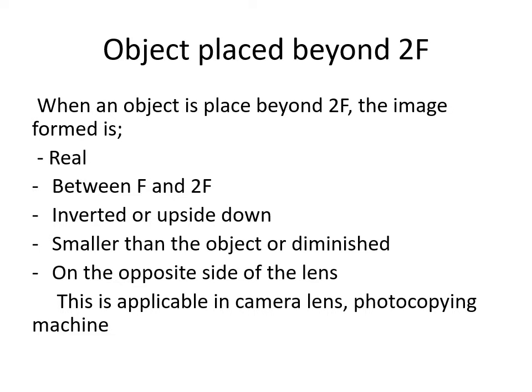This is applicable in the camera lens and in the photocopying machine. That is how a camera and a photocopying machine function. It means that objects in the camera are placed beyond 2f, and when objects are placed beyond 2f, the image is real, inverted, and on the opposite side of the lens. It is applicable in the camera lens and also in the photocopying machine.